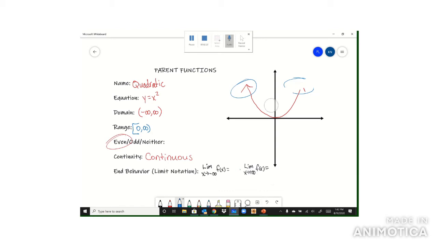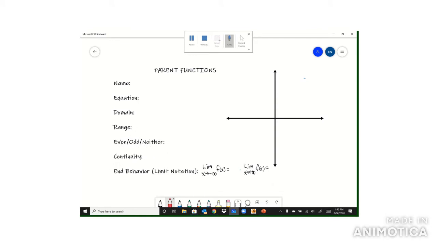Okay, the next one that we're going to talk about is absolute value. Absolute value is like a V shape. And the equation has these bars around the x.